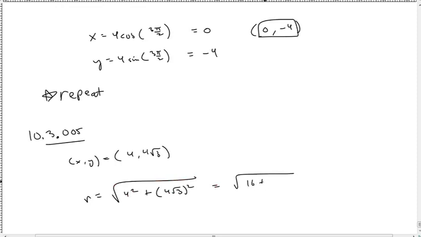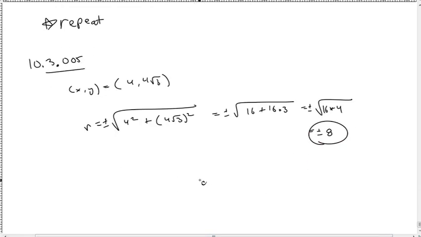This yields 16 plus 16 times 3, so that's actually 16 times 4, which is going to end up being 8 as the answer. One thing, though: I just quickly said r equals the square root. Technically it's a plus or minus all the way through, so we're going to have a plus or minus 8. Keep that in mind as we keep going.